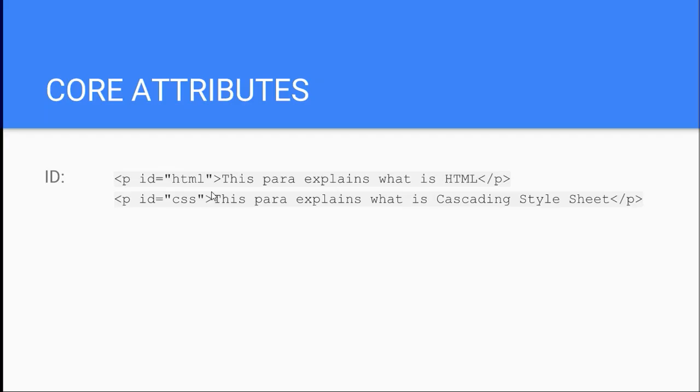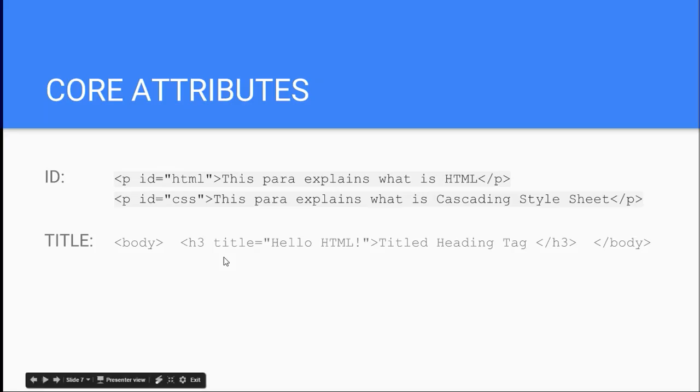Currently I'm just introducing that ID is one of the core attributes, and the other one is title. Here we will give a title to this heading. If you look at the code, it's an H3, heading 3, and the title is hello HTML, title heading tag, and we closed it.